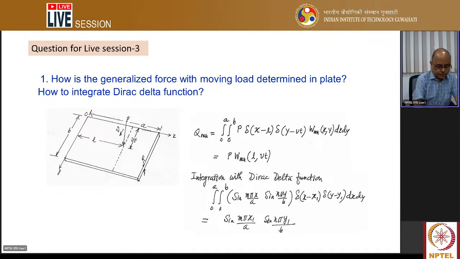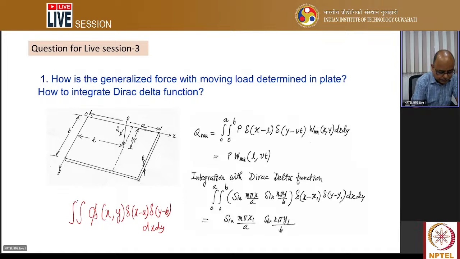Consider the integration of the Dirac delta function. Any function, say phi(x,y), if you multiply it by the Dirac delta functions, delta(x minus a) and delta(y minus b), and then integrate, say a double integral between minus infinity to plus infinity, the value of the integral will be simply the function evaluated at the points where the Dirac delta function is defined.